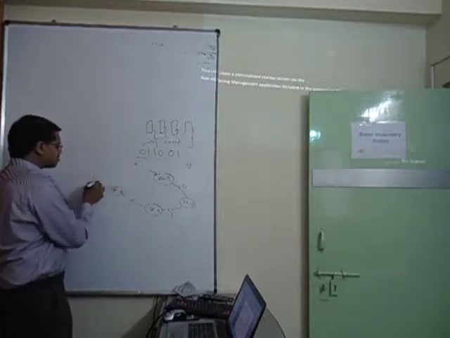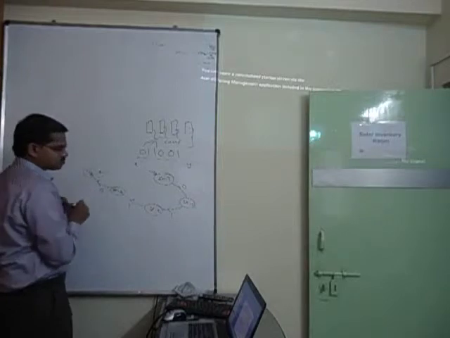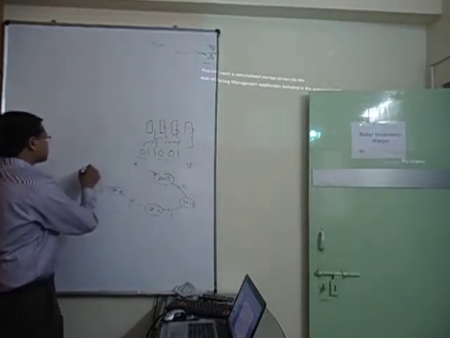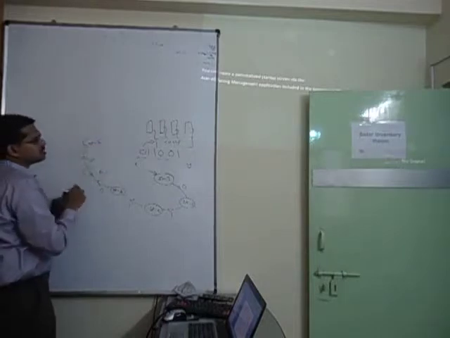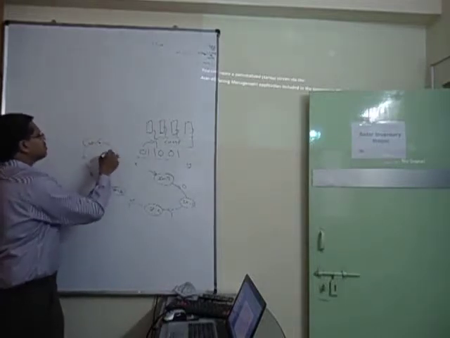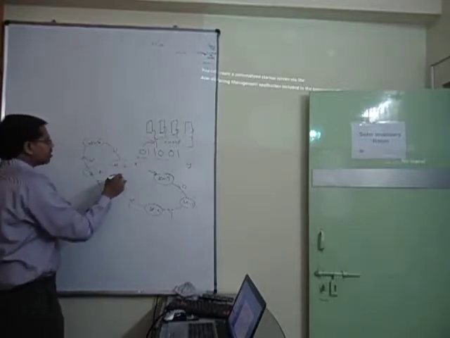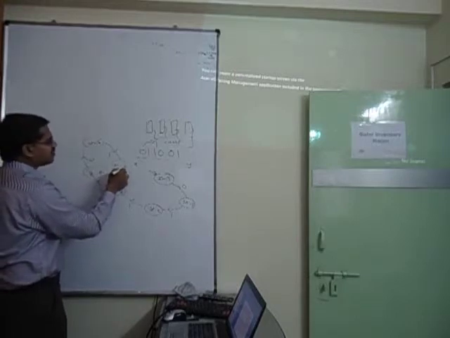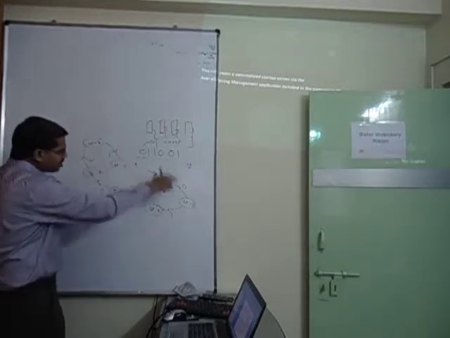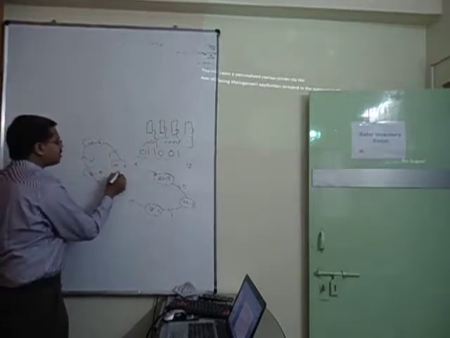Another 0 occurs, it will go to state 4. 0. Okay. Then one more 0 will take you to state 5. Then 1 will take you to state 6. Now this is the state where the final match occurred. So in all the remaining places you will be generating output y equal to 0, only here y will be 1.